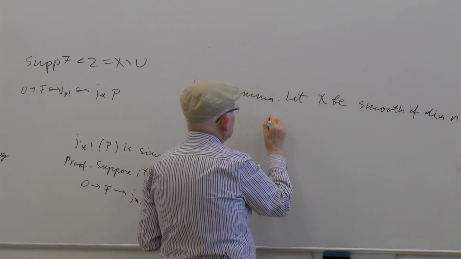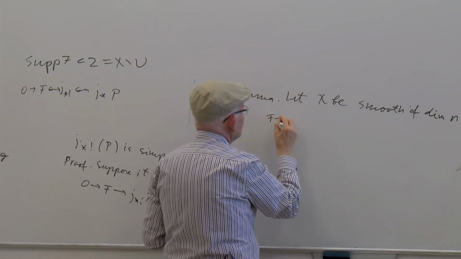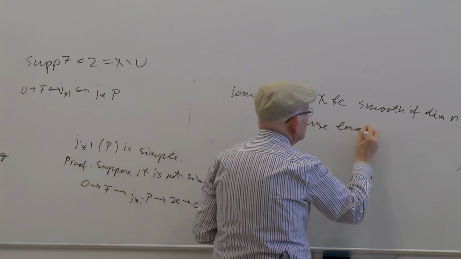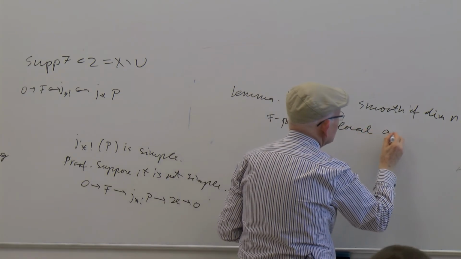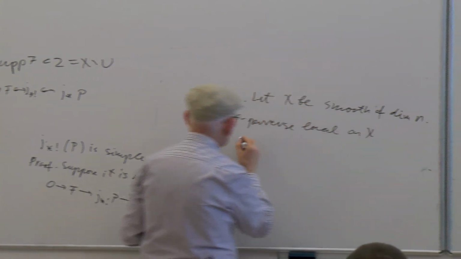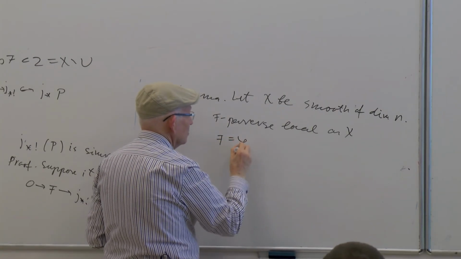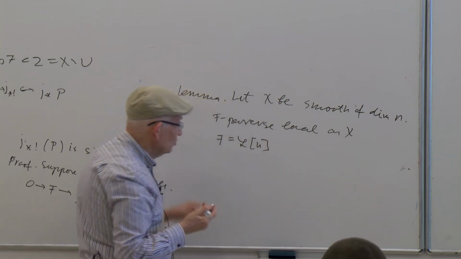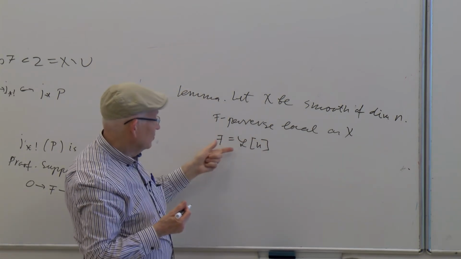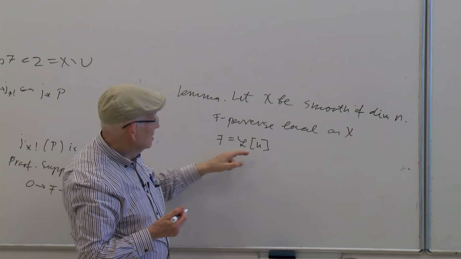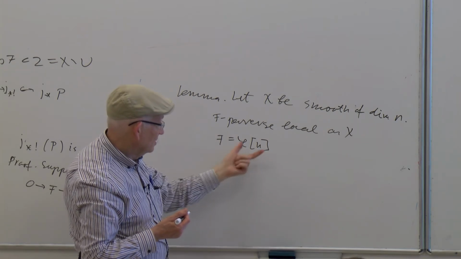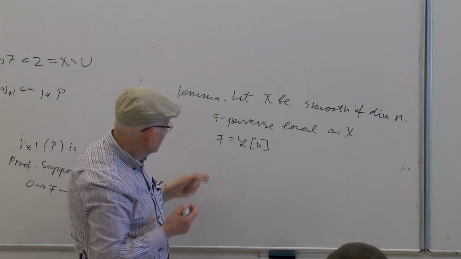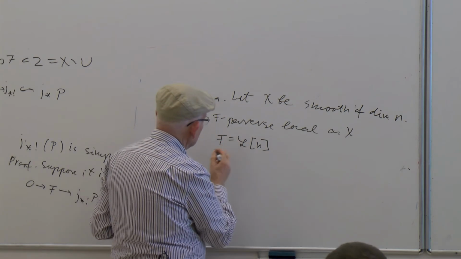Then F is perverse and local on X. So this means that F is equal to a local system shifted by n. So I have a local system on X shifted by n. So it will be perverse if X is smooth.